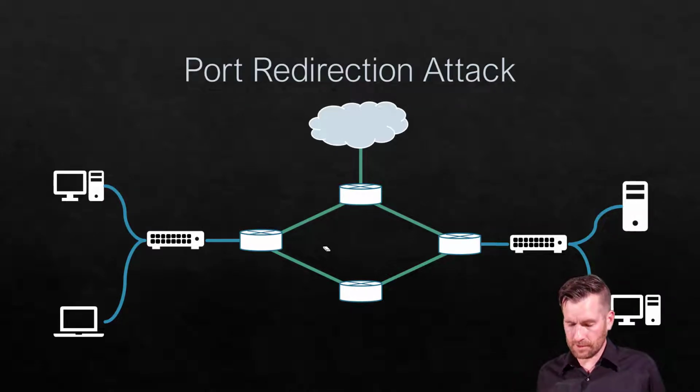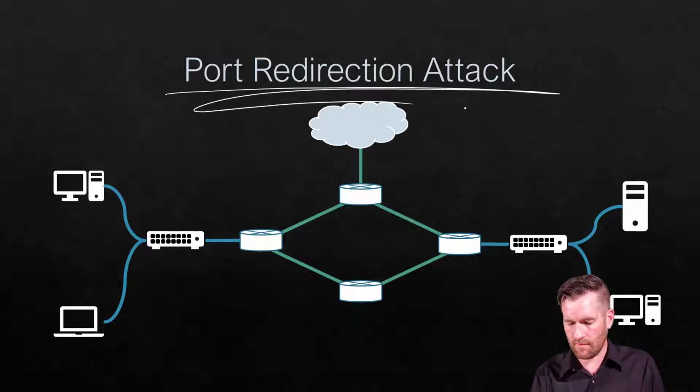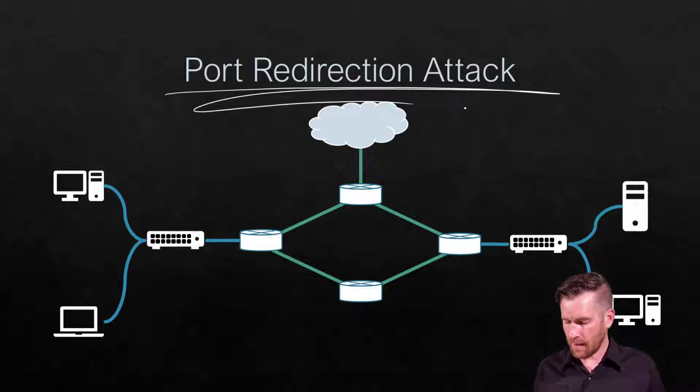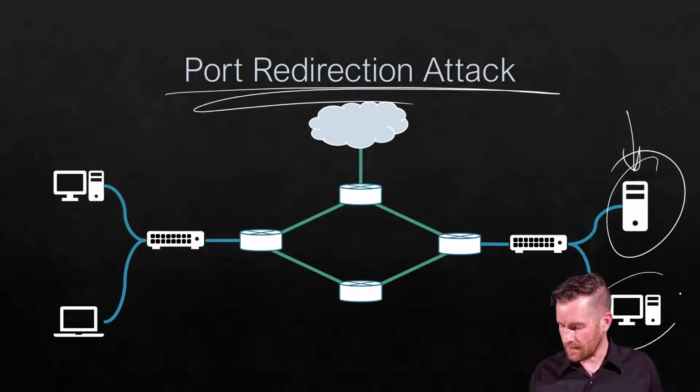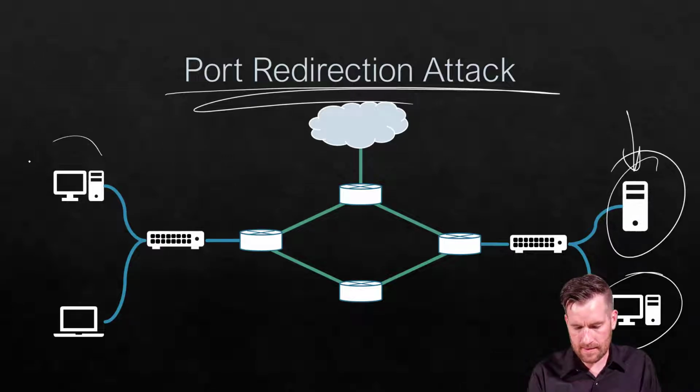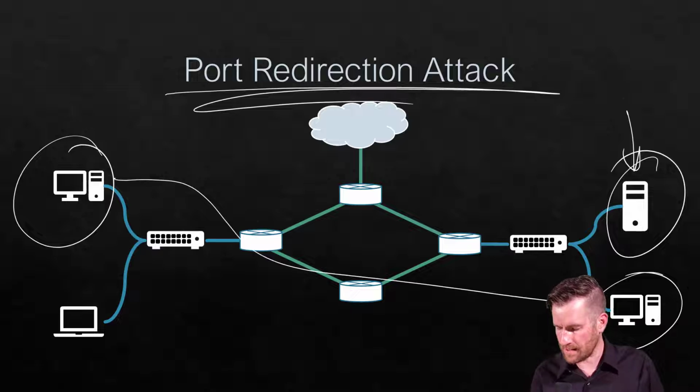On a very similar note, we have port redirection. In fact, this is a type of trust exploitation, like in my last example where this machine had trusted this computer. In this example with port redirection, let's say this machine has RDP access to this machine.